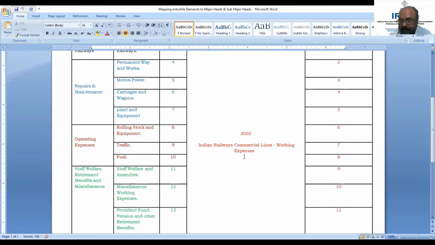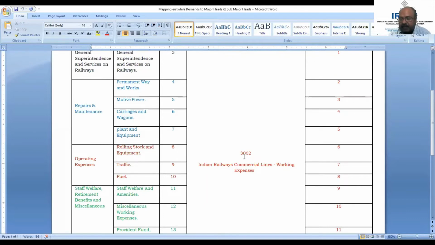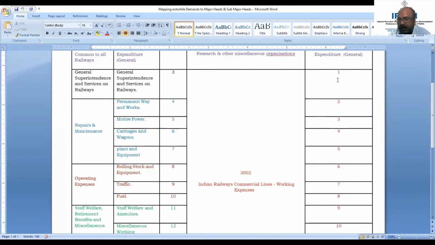The same sub-major heads apply to 3003, Indian Railways strategic lines working expenses. So this major head is divided into 12 sub-major heads.